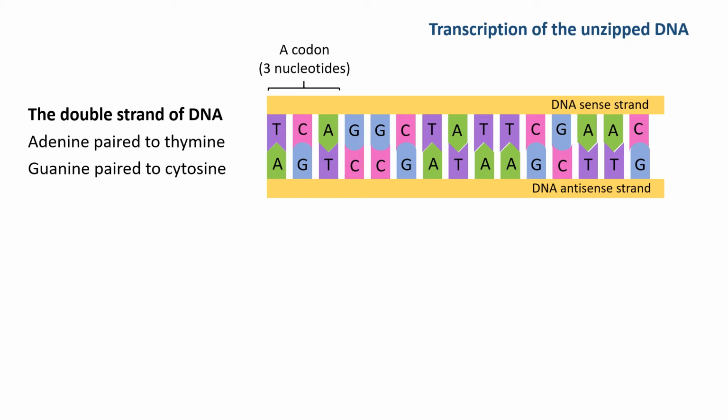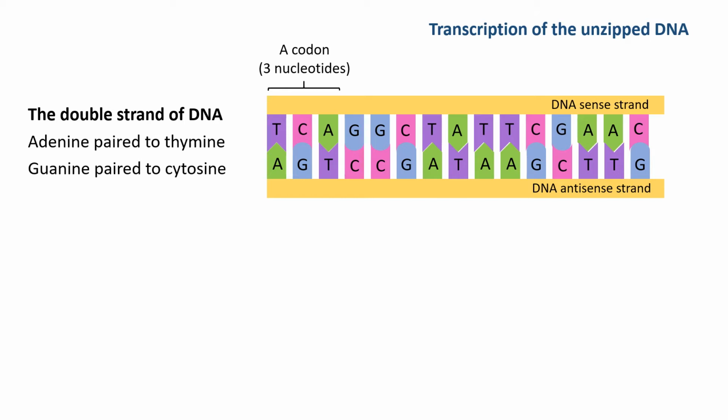So let's have a look at some diagrams. So here's our double strand of DNA. It's not twisted around in a helix because it's easier to look at when it's straight like that. And you can see, looking at that, we've marked out our 3 nucleotides that form our codons. So in this particular example, we have what? 1, 2, 3, 4, 5 codons. Also notice that the top strand is labelled the DNA sense strand.